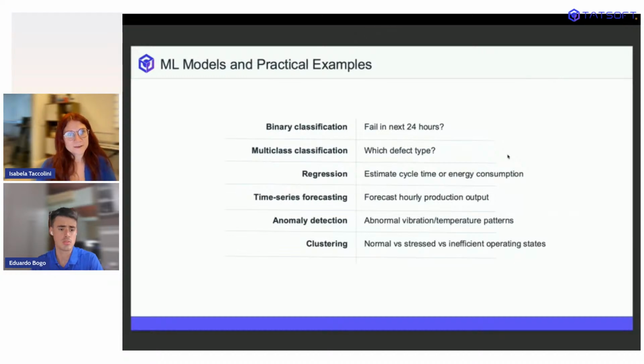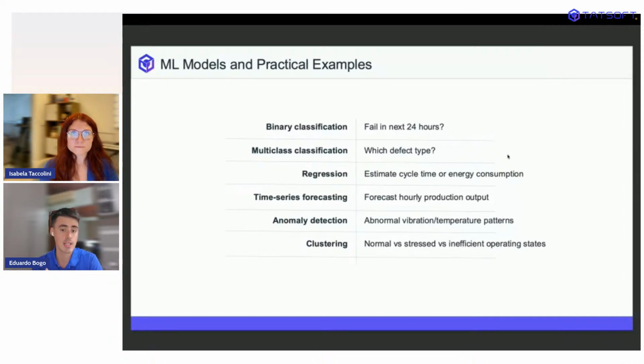And also, we have a couple more, like binary classification, where you can train a model to tell you if some process will fail in the next 24 hours. It could be, with these process variables at these values, will the product pass the quality control or not? And when I say process variables, I'm talking about temperature, pressure, flow rate, that kind of variable.